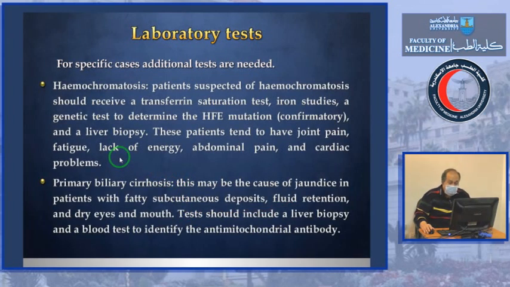Next, for other causes of liver injury, in case of hemochromatosis, you will ask for the serum iron, transferrin saturation, and a genetic study to determine if there is a mutation in the HFE gene.